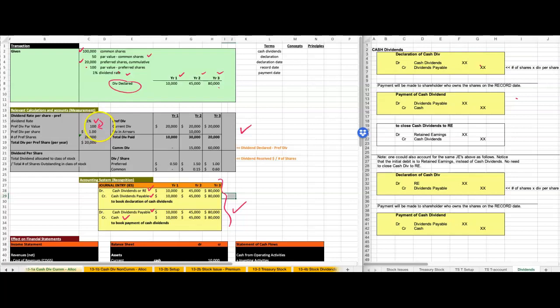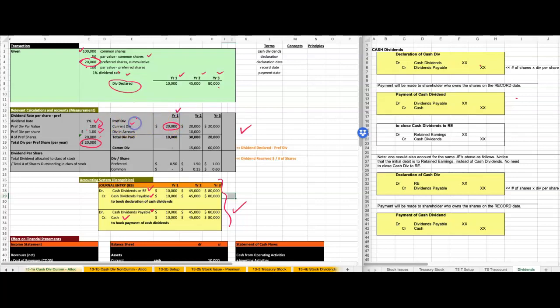So each accounting period, when you declare dividends, they need to be given 1% of $100, which means $1. And there are 20,000 shares of preferred. That means that $1 times 20,000 shares, dividends should be paid at a rate of $20,000 per year to the preferred. So that's what you see here in this worksheet under year 1.